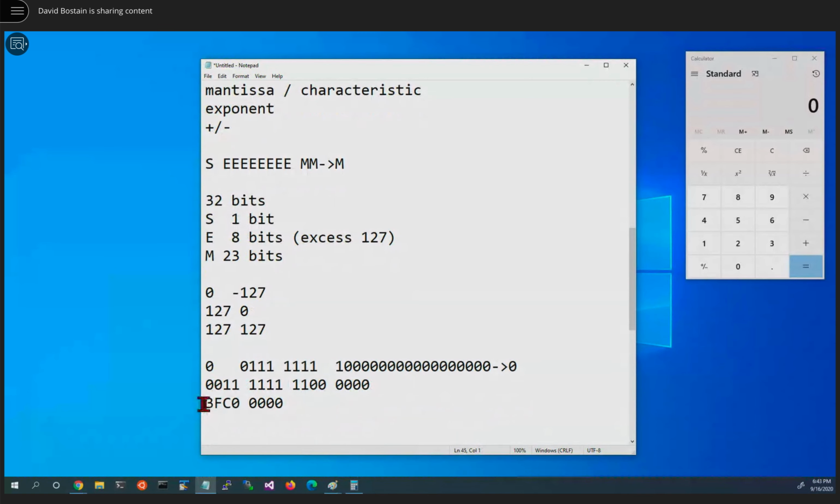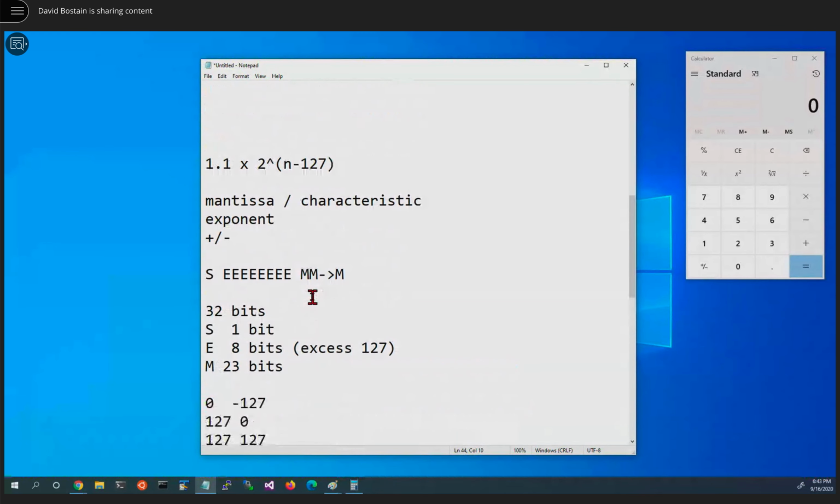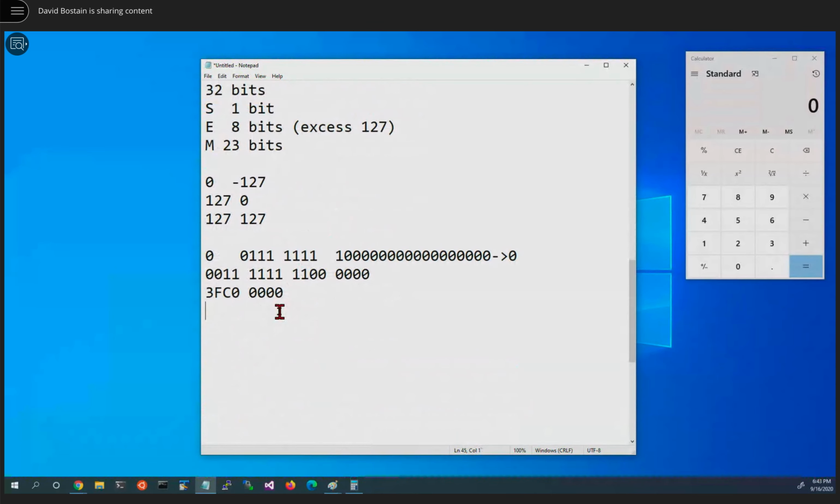This number right here is the IEEE 754 floating point number that represents this value right here. Let me copy that down here. So basically the number 1.1 is equal to that. And you might go, well, that's a lot of digits. It is, but it really solves some problems in maintaining floating point arithmetic.